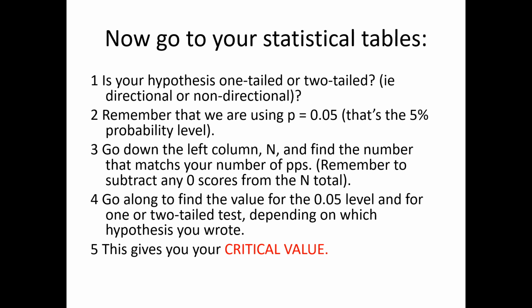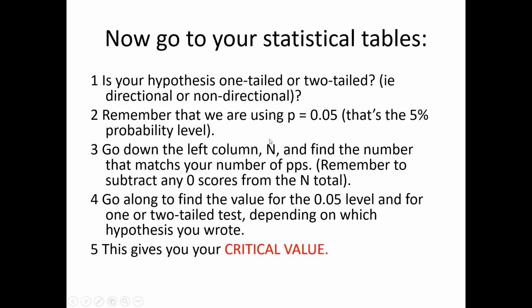We're using the 5% probability level. That means that there is a 5% or less probability that your results were due to chance. So if you find a significant result, you can be pretty confident that it was the effect of the IV on the DV. Now, what we're going to do is look at a statistical table now, and for you to find your critical value. You have to find a critical value based on your t value, okay?